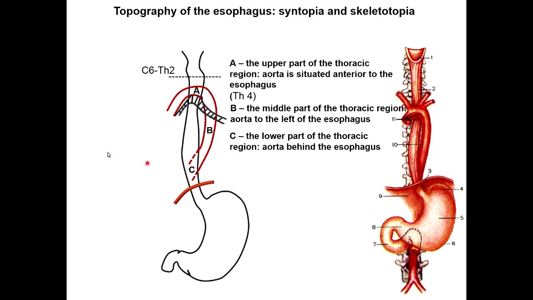And they are also in close relationships with the esophagus. This place of bifurcation of the trachea is one vertebra lower than the arcus aorta position. It means this is thoracic 5 level. Arcus aorta is at thoracic 4, and the bifurcation of the trachea at the thoracic 5 level.